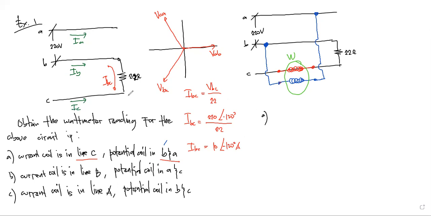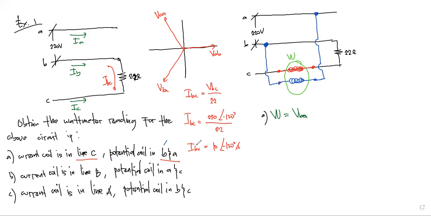We'll be using the current drawn by the load when we calculate the wattmeter reading. For letter A, with the current coil in line C and the potential coil in B and A, the wattmeter reading is equivalent to the magnitude of the voltage VBC, sorry, that's VBA. Why VBA?